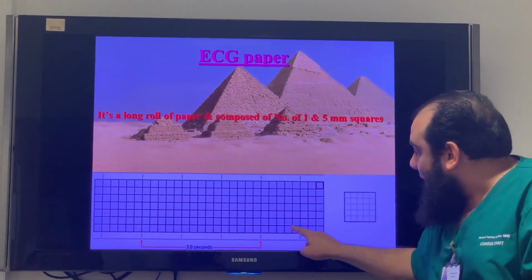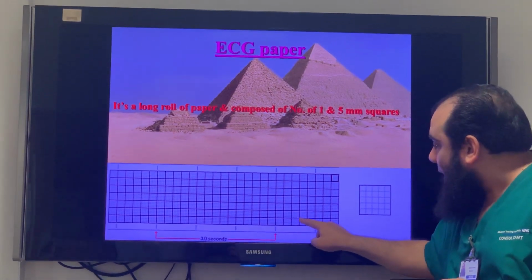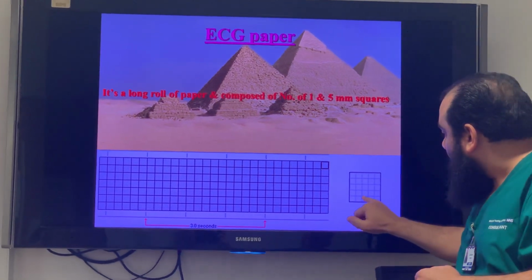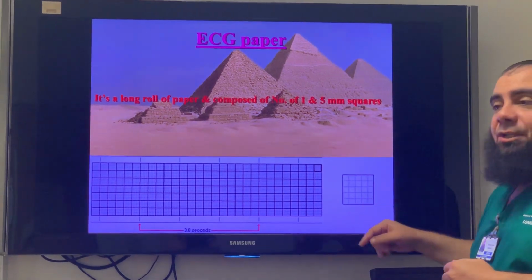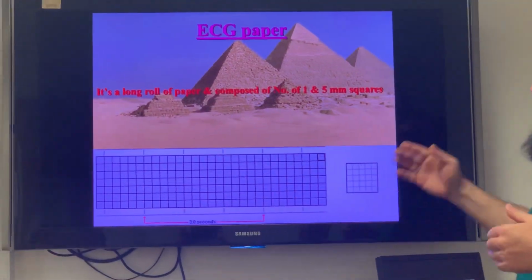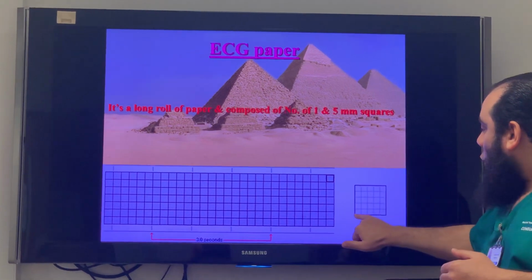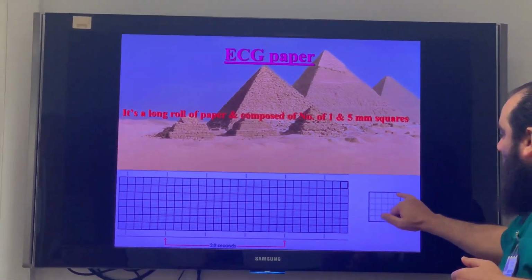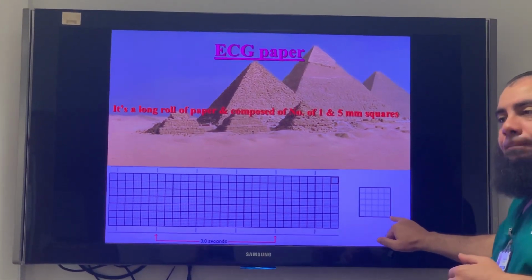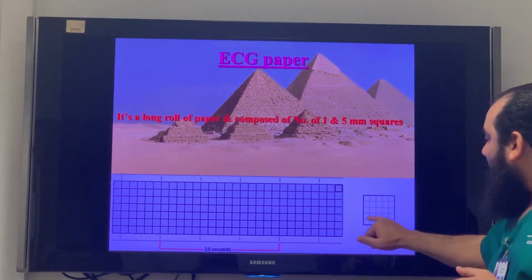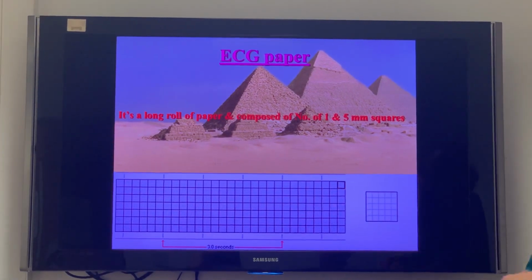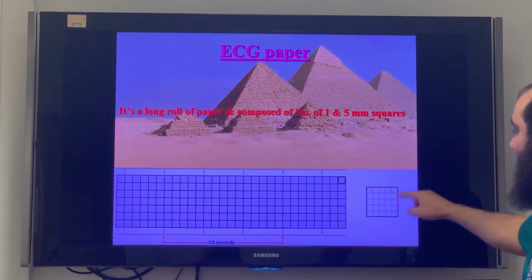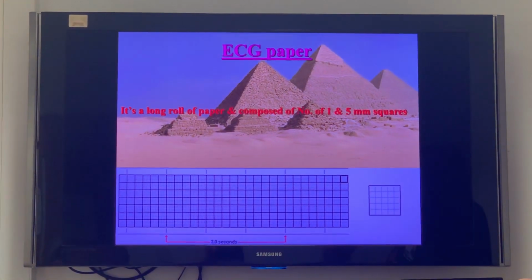It actually has big squares and in between small squares. Is it beneficial? Yes. So usually we divide it into 1 by 1 millimeter squares, and each one contains 5 smaller equal squares in either length or width.